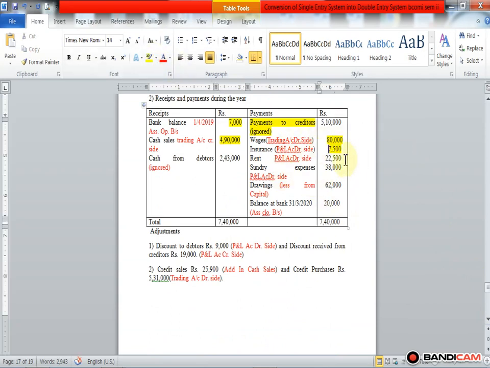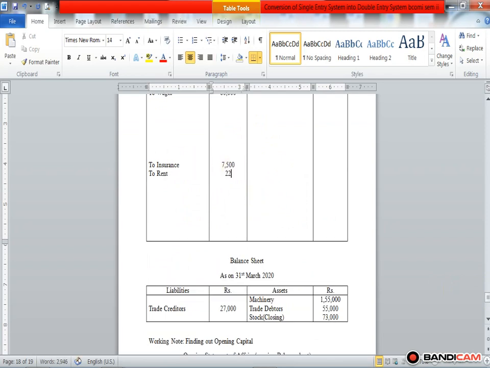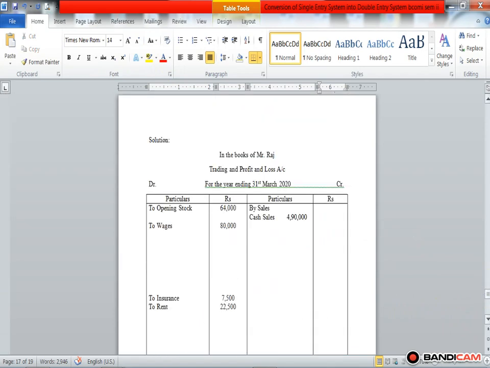Then rent is our expense, posted to the debit side of the profit and loss account. Rent amounted to rupees 22,500. Then sundry expenses is given. Sundry expenses is also our expense. 38,000 is sundry expenses, so sundry expenses is transferred to the profit and loss account debit side.